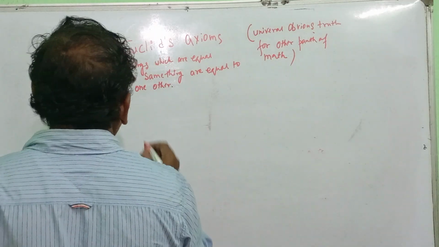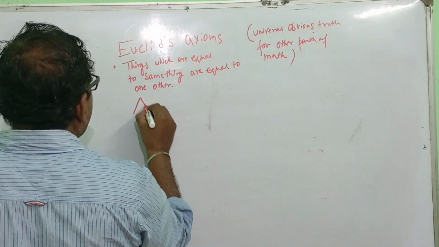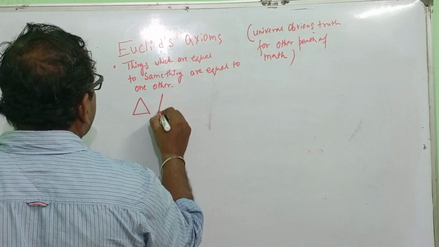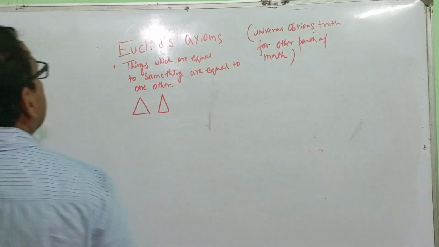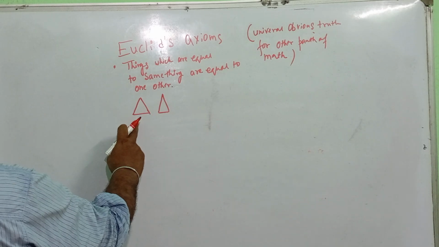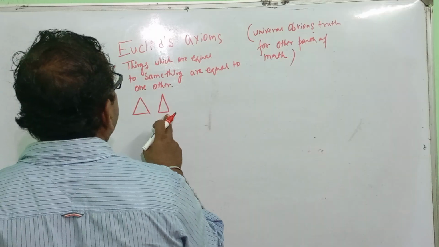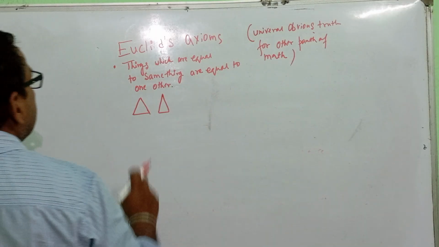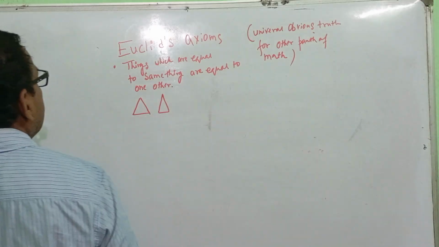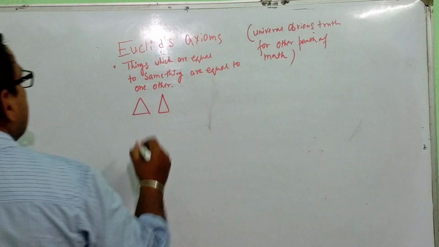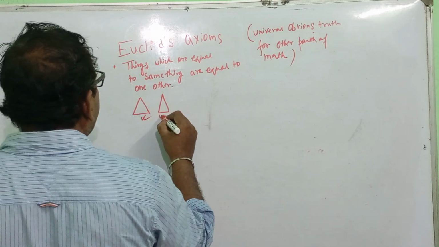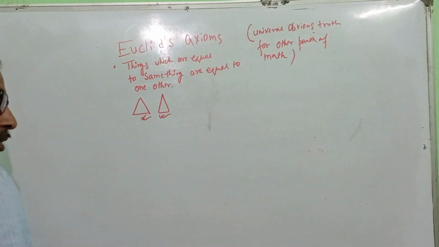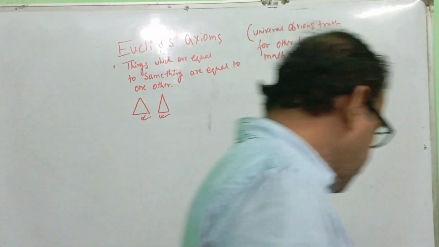That means if two things are equal to something, then they are equal to each other.